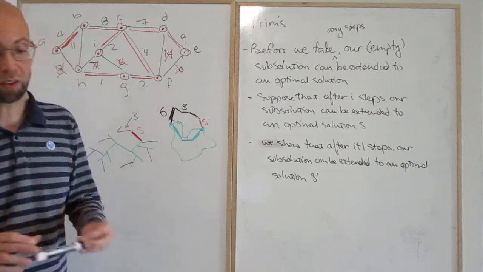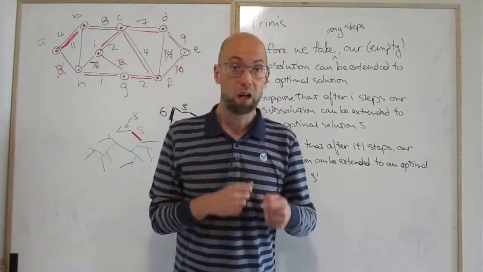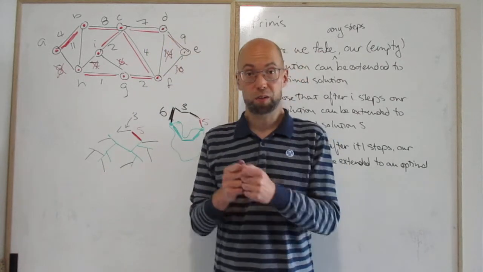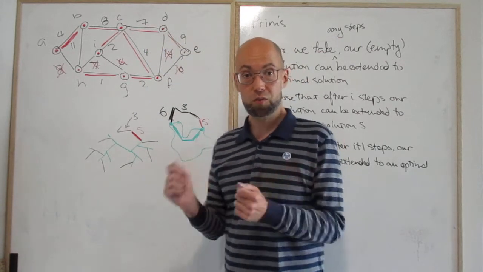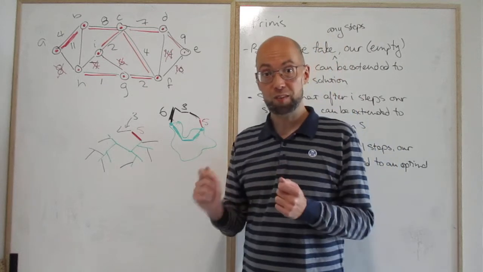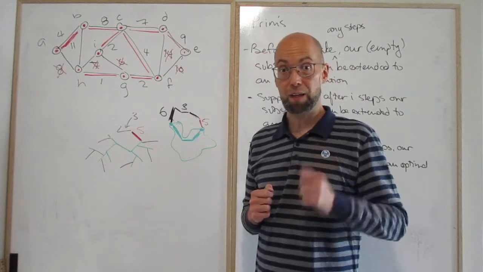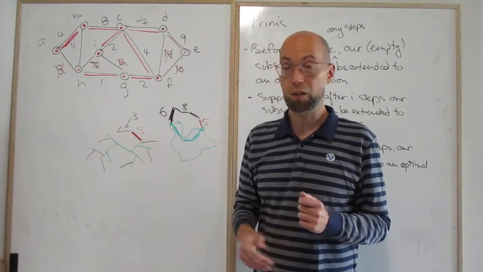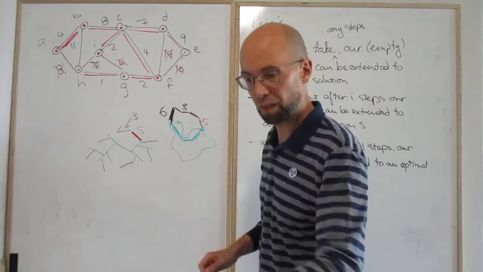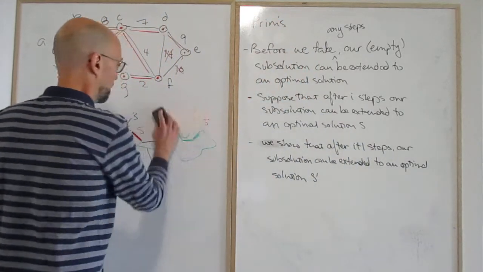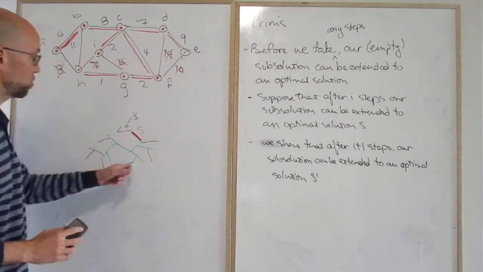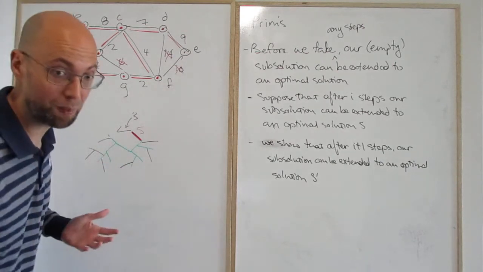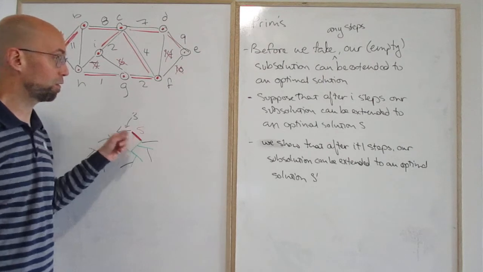Because we're not always processing edges in order of cost, but of all the edges incident to the tree after i steps, we're taking the cheapest, that means this one couldn't have been cheaper, so we can take that out. Now we get a solution S prime, which is not more expensive than S, and includes the red edge.